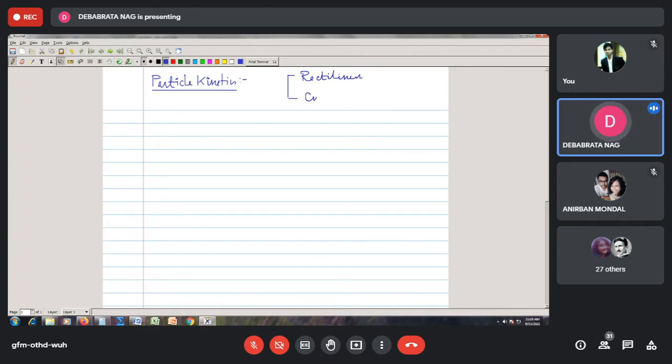Then we have curvilinear kinetics, and here we again have divisions: the xy system, the nt system, normal tangent, and then finally the r theta coordinate system. So this will be our division of the particle kinetics section.